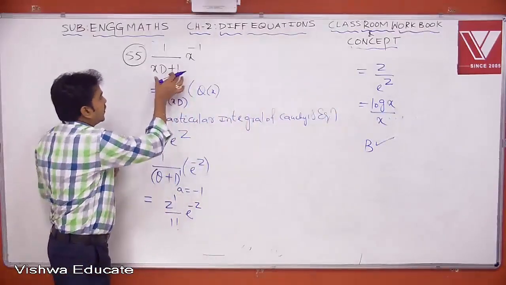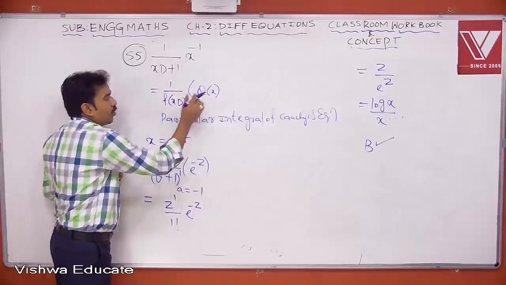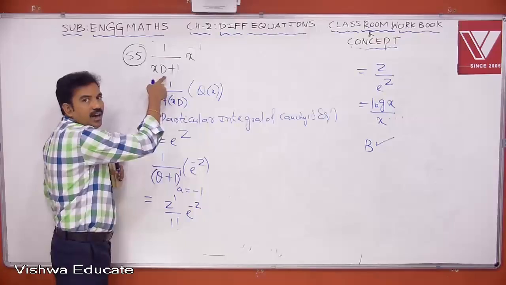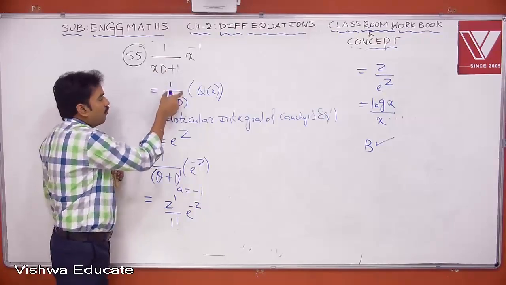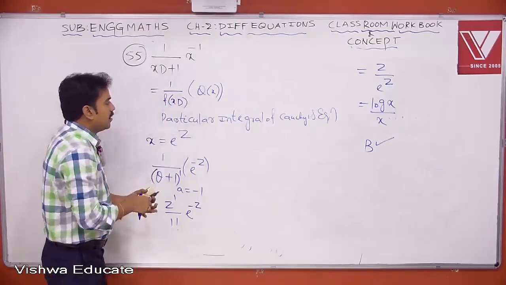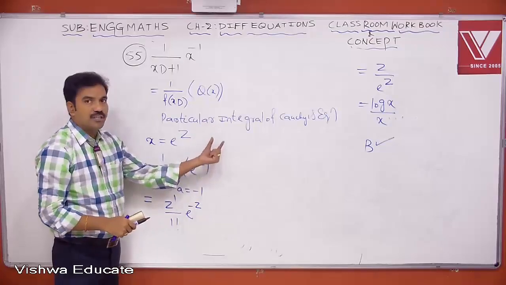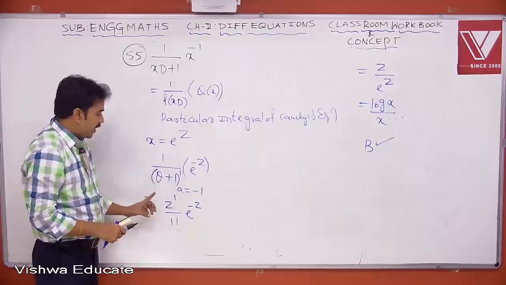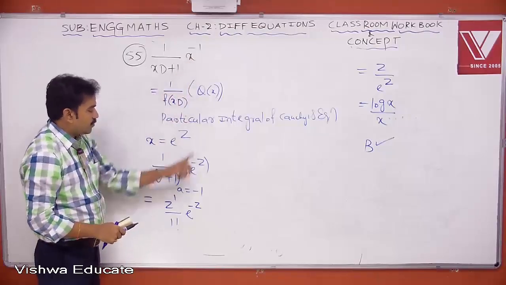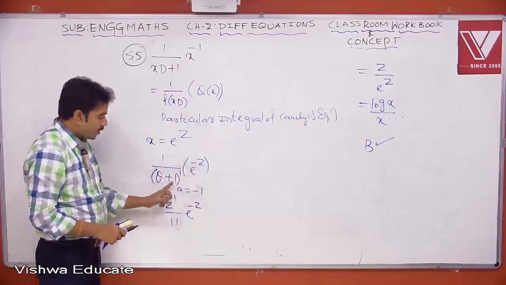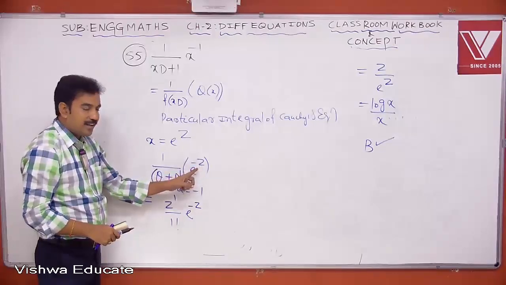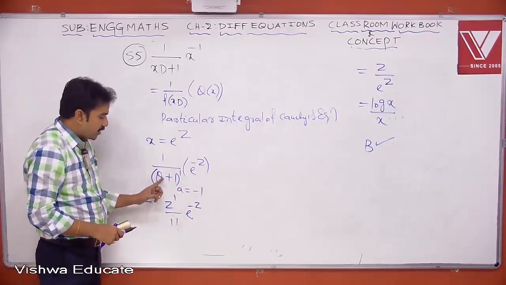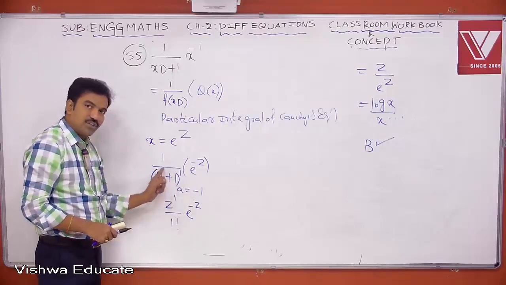What we have done is, this is nothing but the particular integral of Cauchy's equation, because it is a function in the single variable xD. 1 by f of xD of Q of x. How to handle this? Take x equal to e power z. Then xD becomes theta and x becomes e power z. So it is 1 by theta plus 1 of e power minus z. Now the coefficient of z is minus 1. So when you replace theta by minus 1, the denominator gets 0.